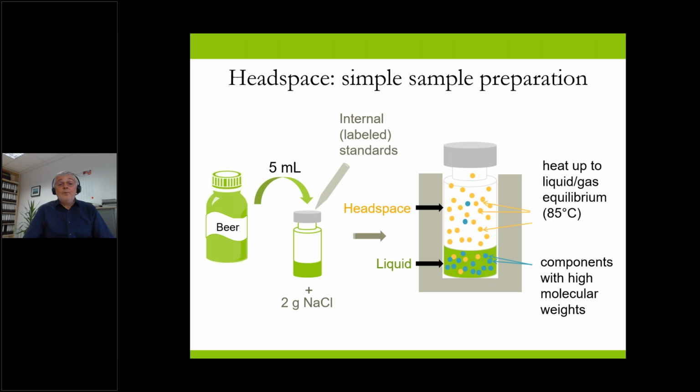You have to wait until you have this equilibrium. Components with higher molecular weights are less volatile, so they are enriched in the liquid phase, and the volatiles are enriched in the gas phase. This sample is then injected to the GC, and before that we have the trap collecting all the headspace before GC injection.